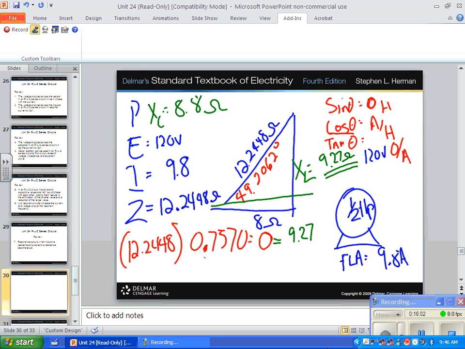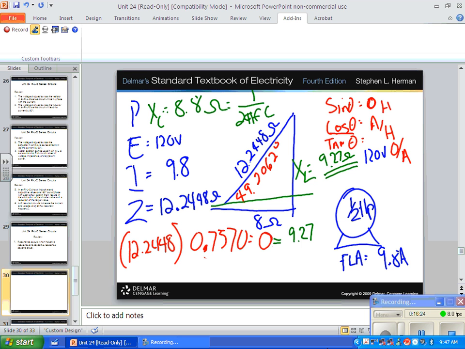Now what do we know about the formula for X sub C? X sub C is equal to 1 over 2 pi F times C. And if we're looking for the capacitor that will do the job, this is the formula we want, because we have our ohms, 8.8 ohms.